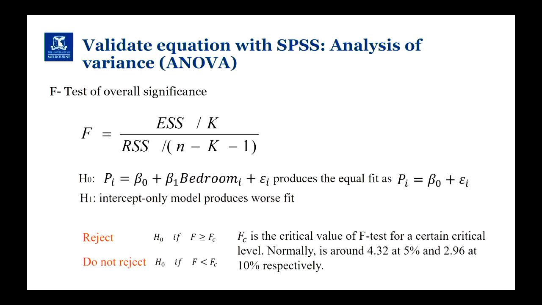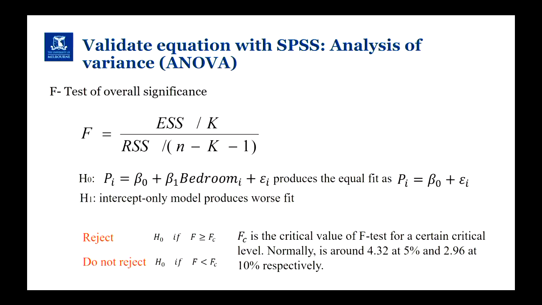Then we can calculate the F and compare it with its critical value. There is a table called the F distribution table, which lists all the critical values for different levels of significance.